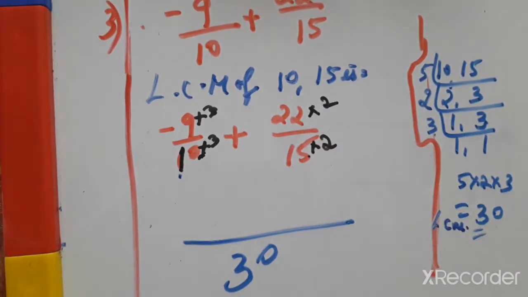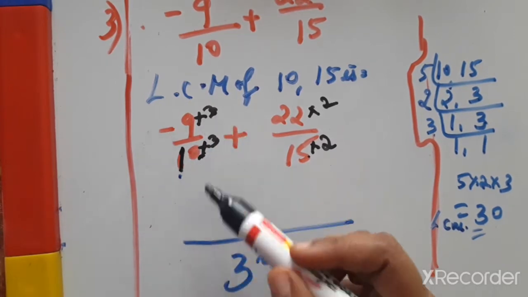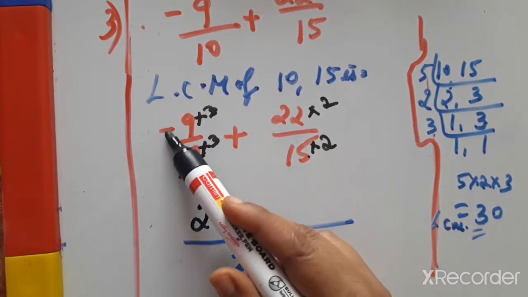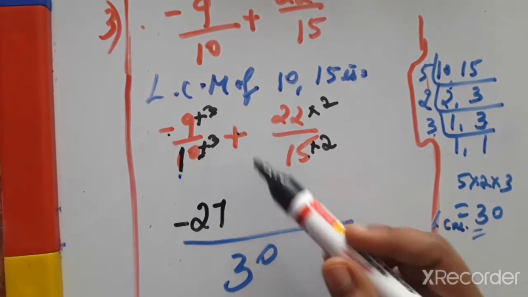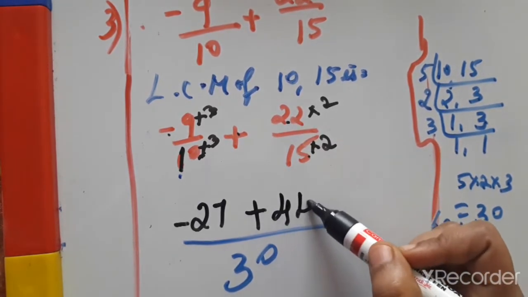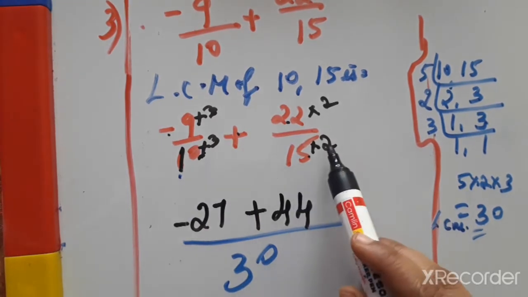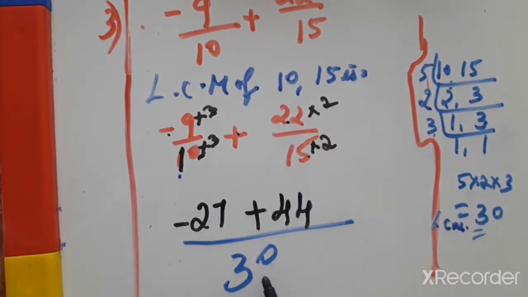Now 9 into 3 is 27, and minus means minus. Here the symbol is plus, so write plus. 22 into 2 will become 44, and the denominators 10 into 3 and 15 into 2 are both 30, already written as the LCM value.